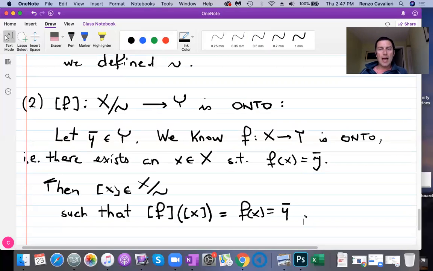That's great. This is precisely saying that square bracket f is surjective.